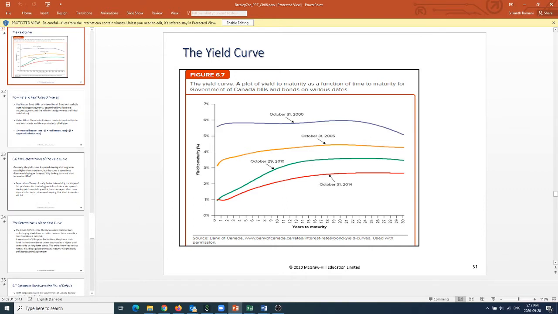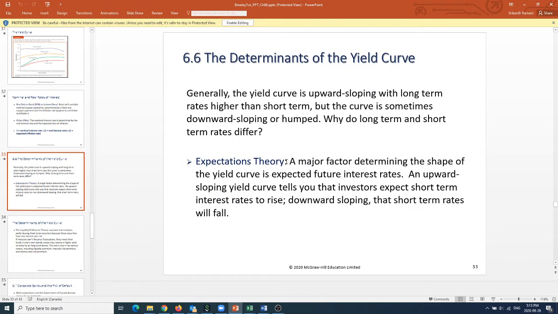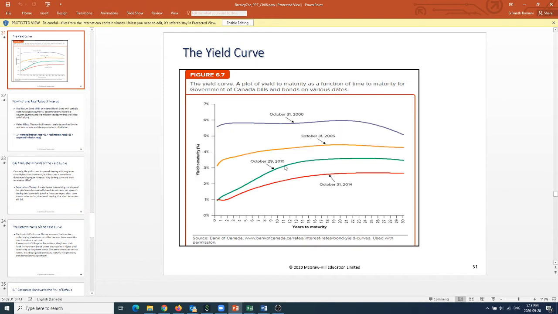Okay, so yield curves are primarily determined by two kinds of theories. The first theory is the idea of expectations theory. So this suggests that investors, let's say if it's an upward sloping curve, right? Let's think about October 29, 2010.